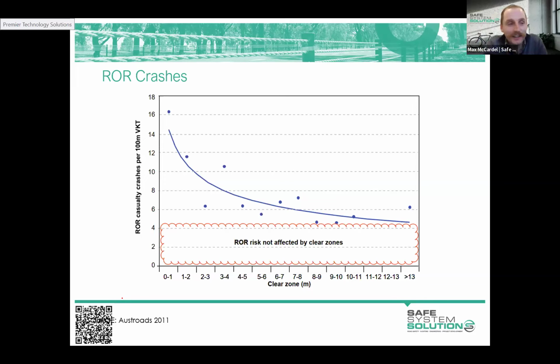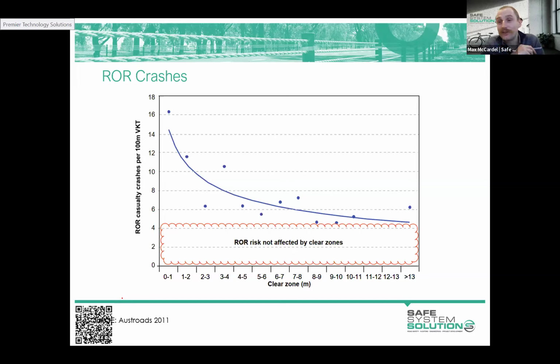It's frustrating. Unless you've got a really well compacted roadside, there's still lots and lots of risk for run-off road crashes and rollover crashes. Unless you're going out there and compacting it consistently, there's every chance that a vehicle is just going to roll over in that clear zone anyway.